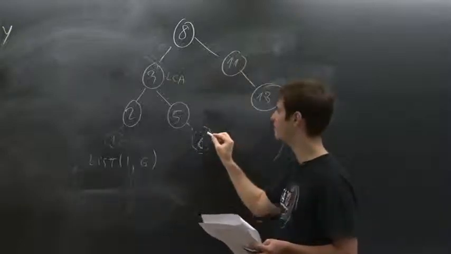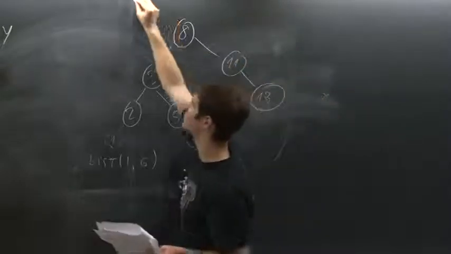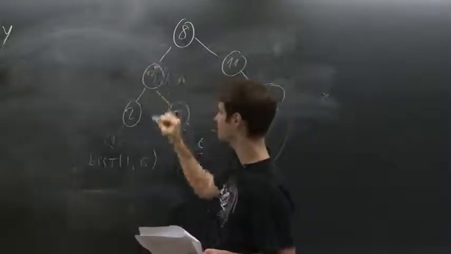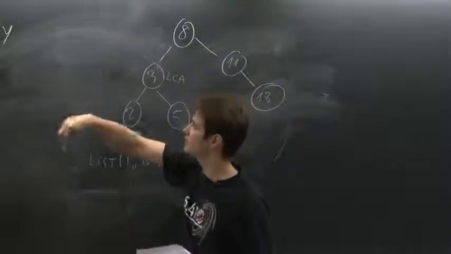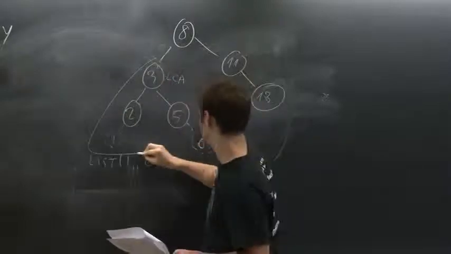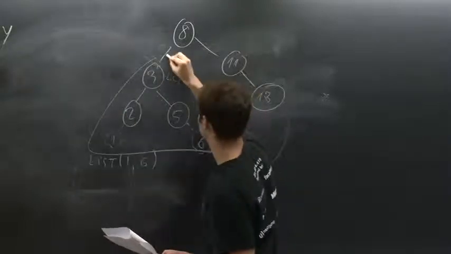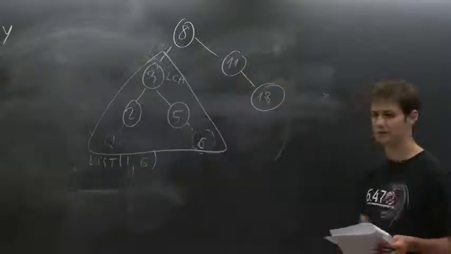Because 6 is here and it's under 8. So I can throw this away. Now if this would be to the left of something else, because 1 is here, I know that all the keys to the left side of that thing would be smaller than 1. So this subtree has to have all the keys between 1 and 6.